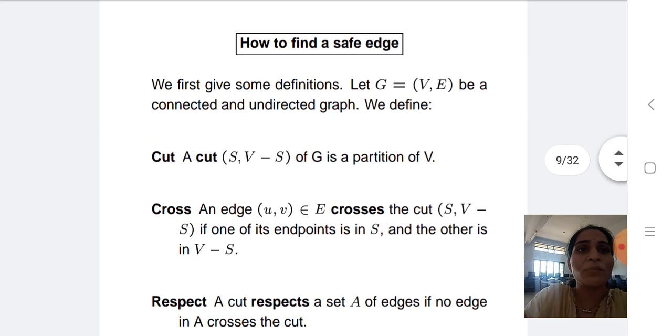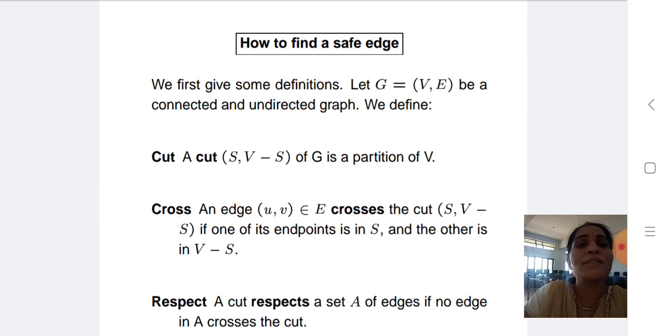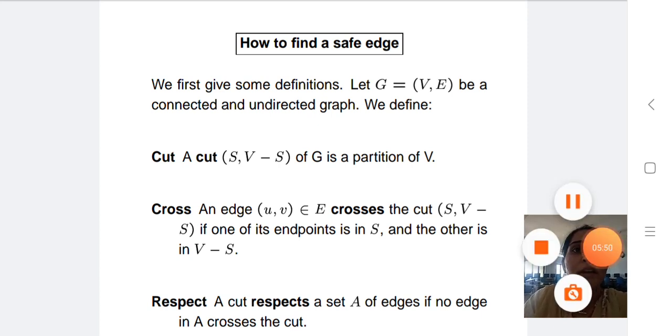Now, the next point we have to find is how to find a safe edge. We first give some definitions. Let G = (V, E) be a connected and undirected graph.